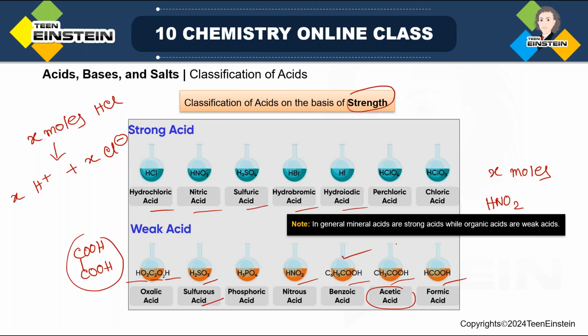When it is on the basis of source, whether it is generated from some minerals or some organic source, we have two categories: mineral acid and organic acid. Now it is observed mostly, and this information is important, that mineral acids are mostly strong acids. Though remember that it is not always necessary, but mostly these observations are common.